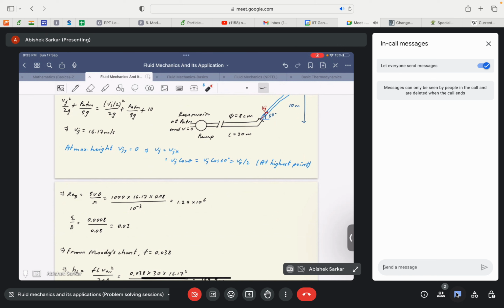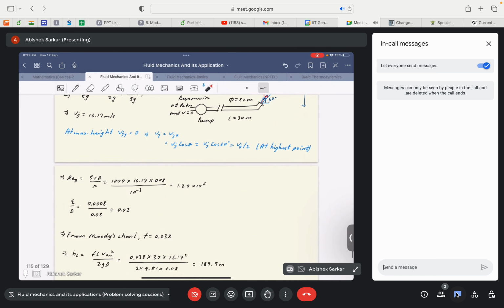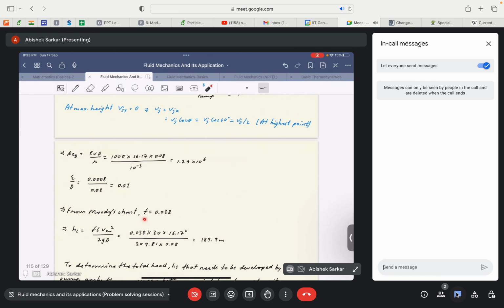Because in the case of laminar flow, Reynolds number is known, we can easily determine the friction factor. This Moody's chart was fundamentally developed to determine the friction factor in the case of turbulent flows. So since Reynolds number and roughness are known, from the Moody's chart we get that f is equal to 0.038.